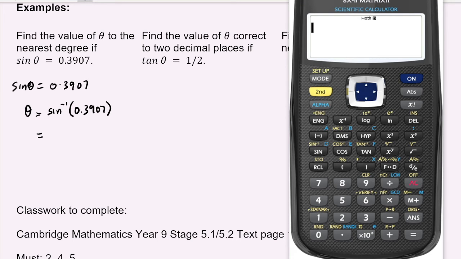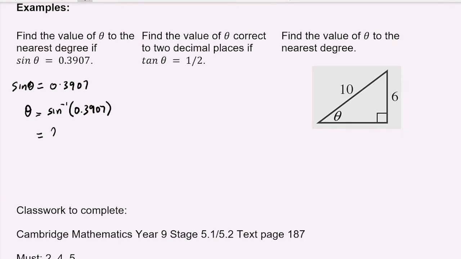So let's see how it works. So I go second, mine says second function, yours might say shift, okay, second, and I need my sine, and my keys are in a little bit of a different spot to my diagram before. Then I type in my number 0.3907, close off my bracket, and hit equals. It is 22.99806, but I want this one to be to the nearest degree.